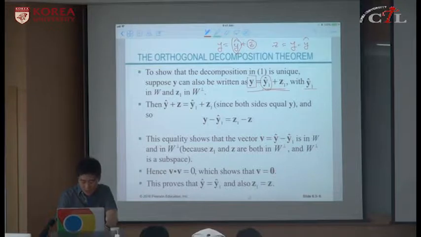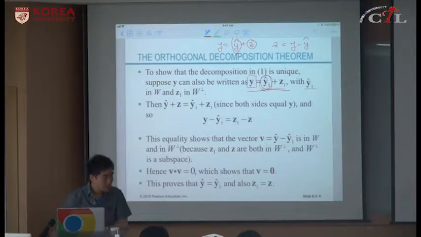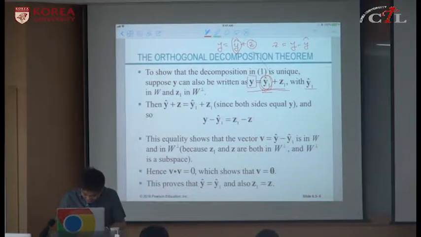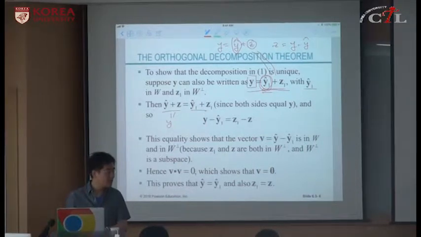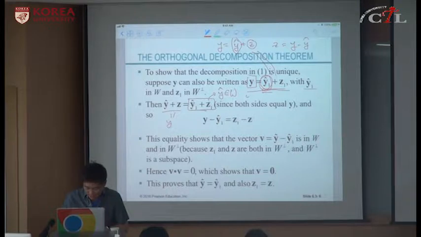Here, if we assume that we can obtain another vector y hat, called y1 hat, let's equate these two, because both equal y. In this representation, we also need y1 hat to belong to W, and z1 should belong to W perpendicular.